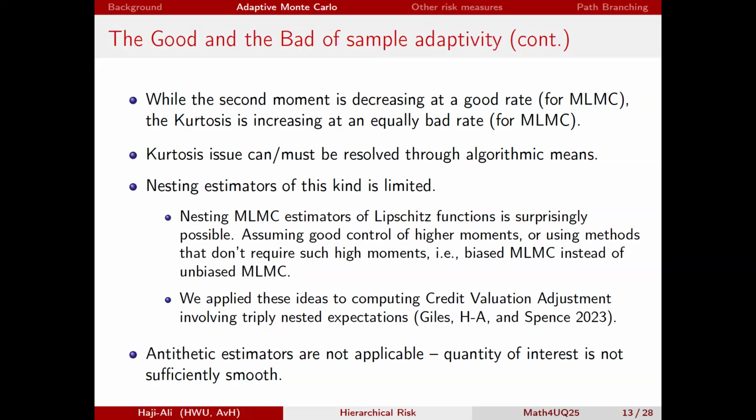Also, antithetic estimators, which are those that assume smoothness of the underlying quantity of interest, are not going to be applicable, because we still have the discontinuity. Even though, again, we have the improved variance convergence, it's still a discontinuous function.